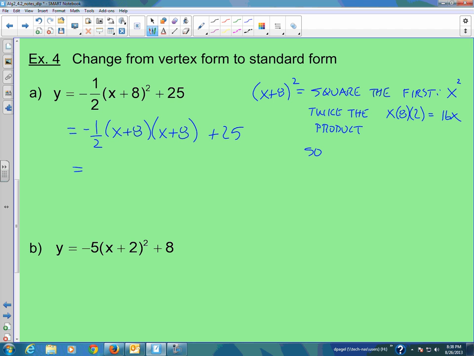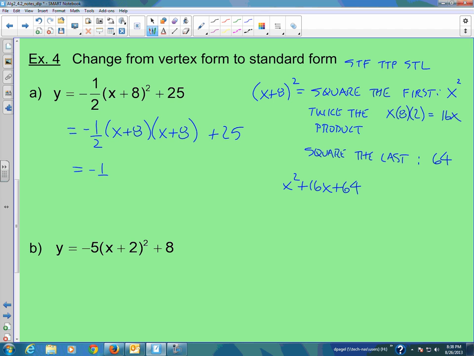And then the last part is square the last. Take the 8 squared, and you get a 64. So x plus 8 quantity squared is x squared plus 16x plus 64. We use acronyms to do this. We call it the square the first, twice the product, square the last. Again, squaring a binomial, you can use that little trick right there.